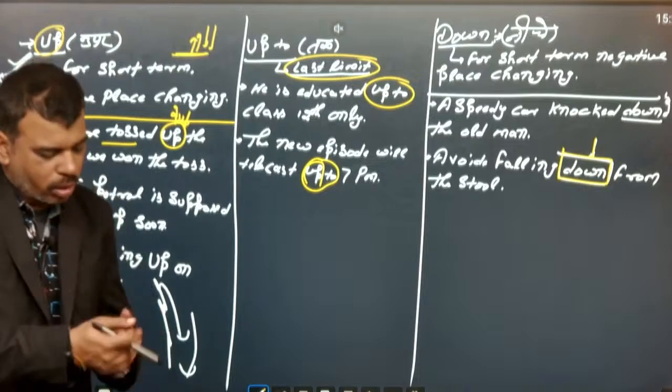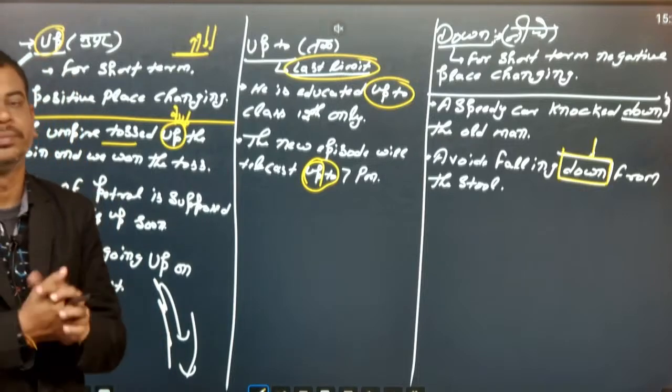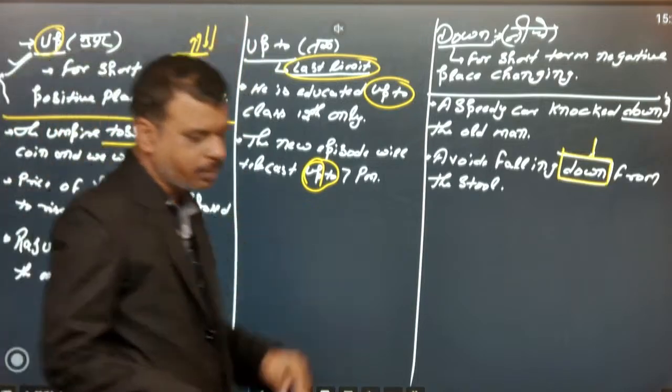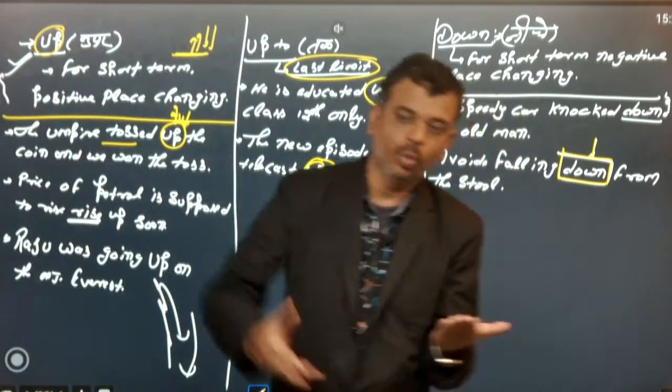Means down just opposite of up. अप में कोई चीज ऊपर जा रही है नीचे आएगी, डाउन में कोई चीज नीचे हुई है ऊपर जाएगी.